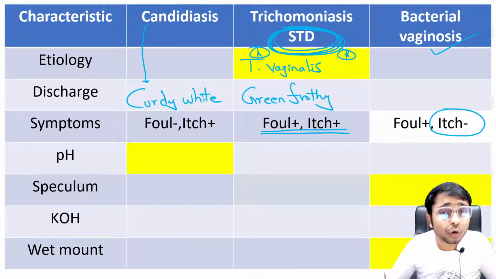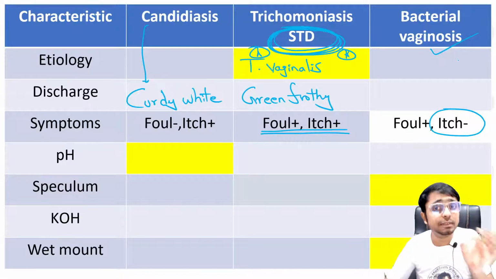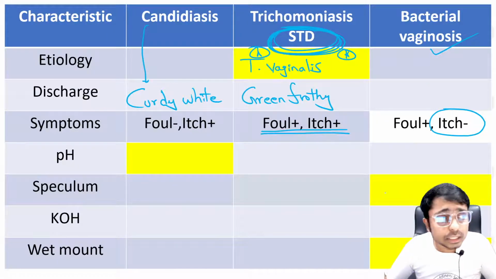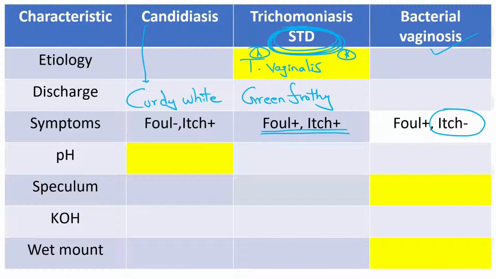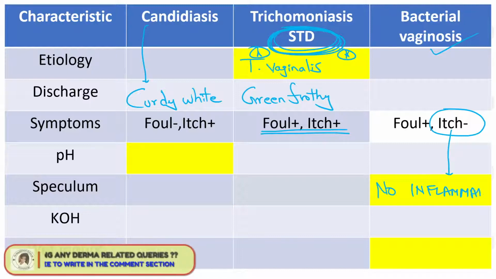That is the reason why it is not called vaginitis, but it is called vaginosis. Itching will be absent, and not only that, if you look per speculum, there will not be any inflammation in bacterial vaginosis.